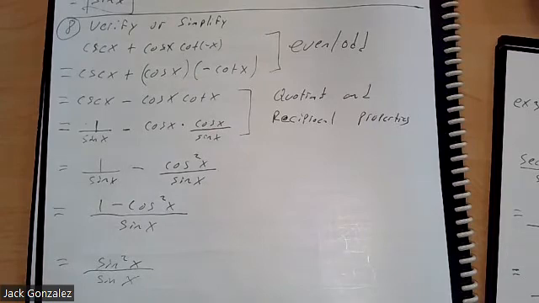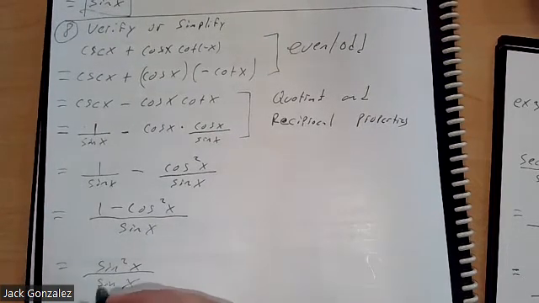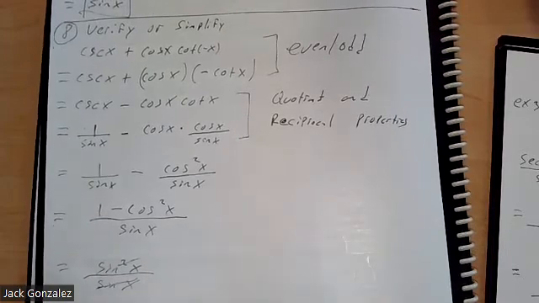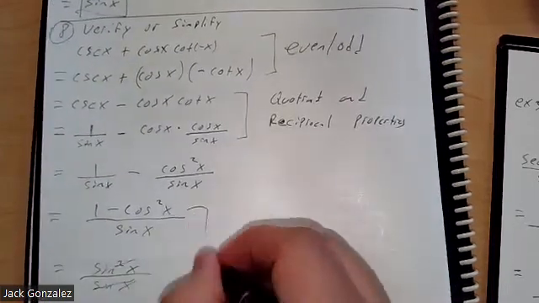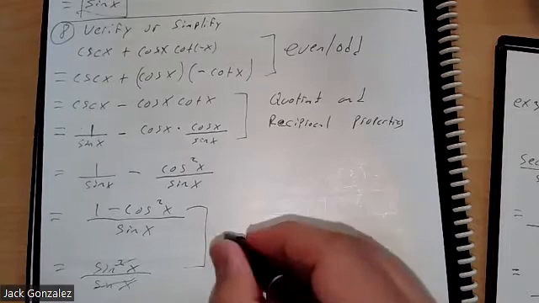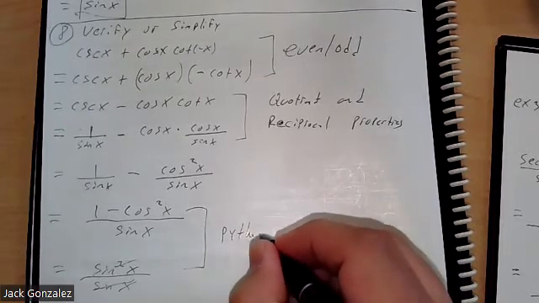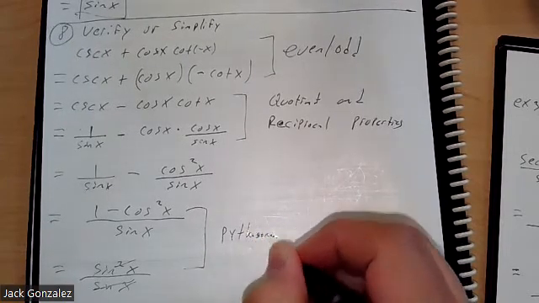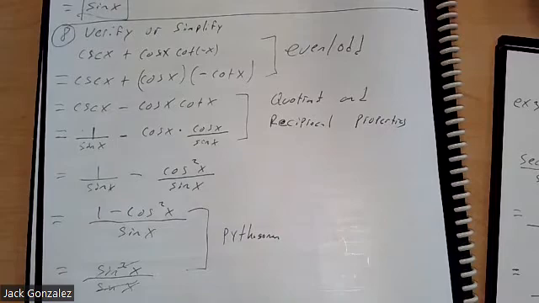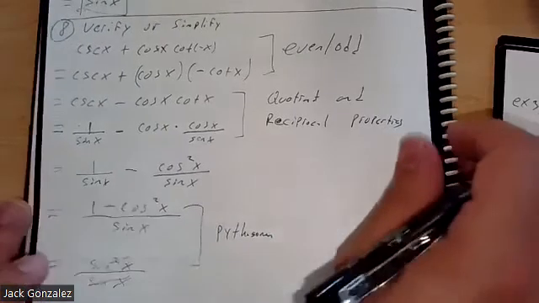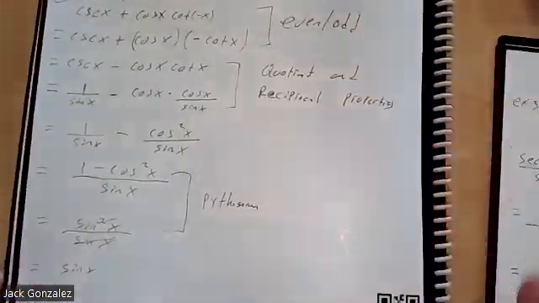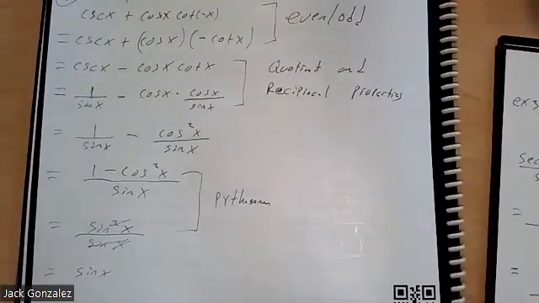Right. We simplify it all the way. We get just sine. So all that garbage was just a sine.